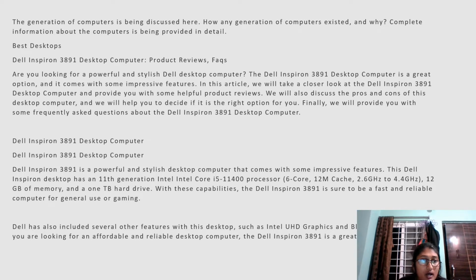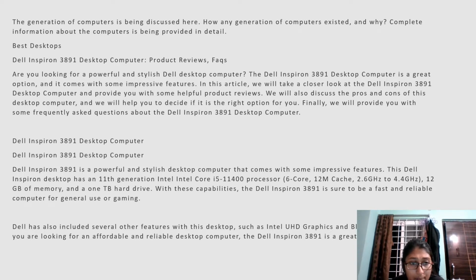Best desktops are the Dell Impression 1938 desktops of here. Dell Impression 3891 desktop computer and stylish computer, powerful hard disk with 6 core, 12 memory cuts and 2.6 gigahertz and 4.4 gigahertz to 12 GB memory and 1 terabyte hard drive with the capabilities with the Dell Impression is sure to be fast and reliable computer for the general use of gaming.